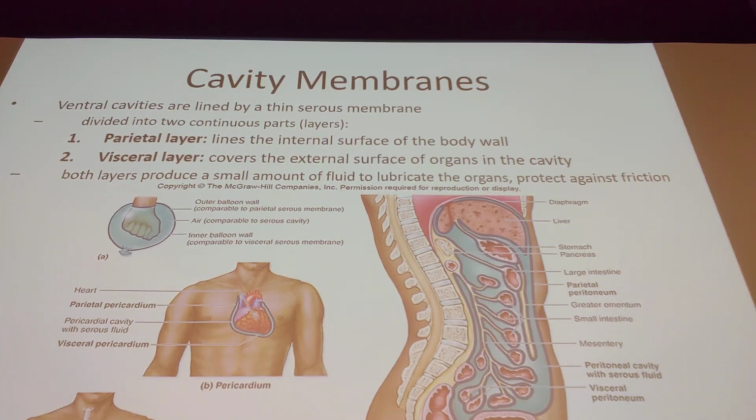Parietal peritoneum, getting more superficial. Using more specific terms tells you exactly where you should be looking. If I say visceral peritoneum, should you be looking around the patient's chest cavity? No. You need to be looking in the abdominal cavity.